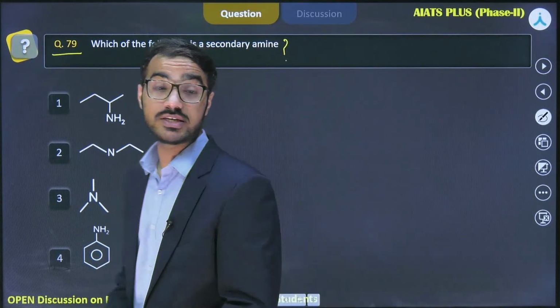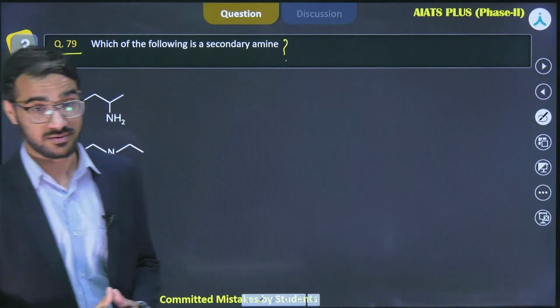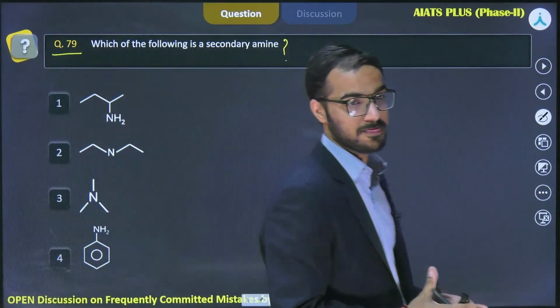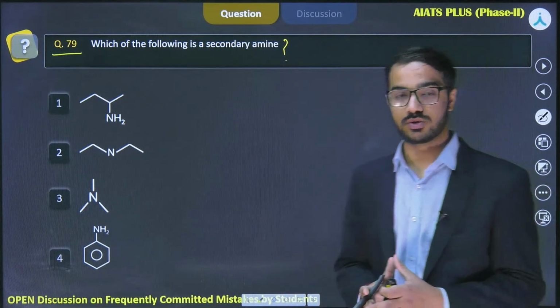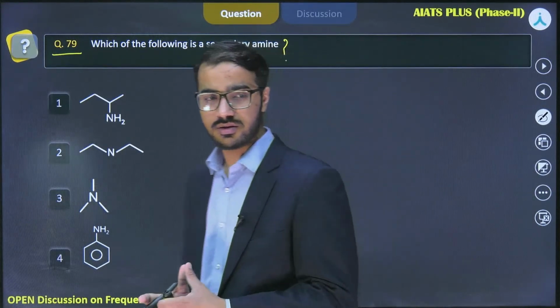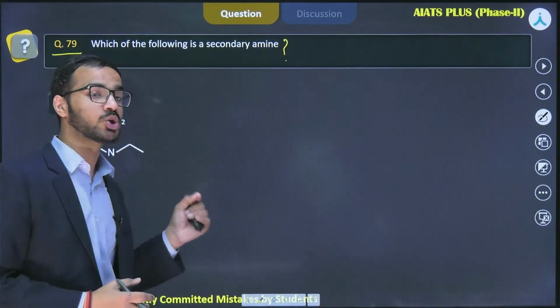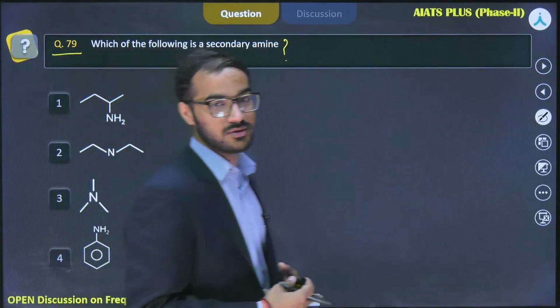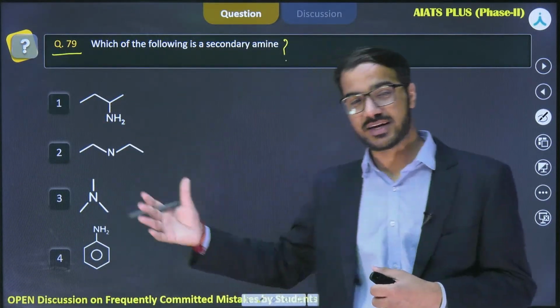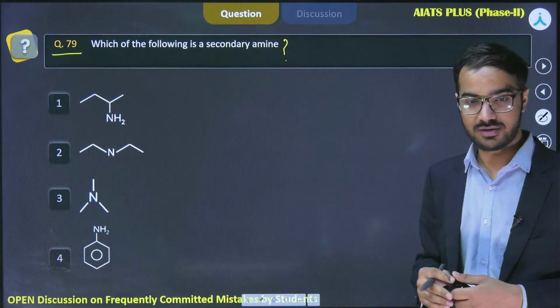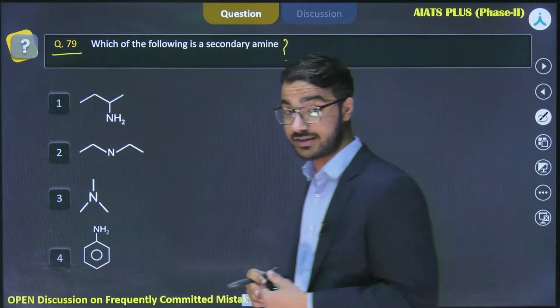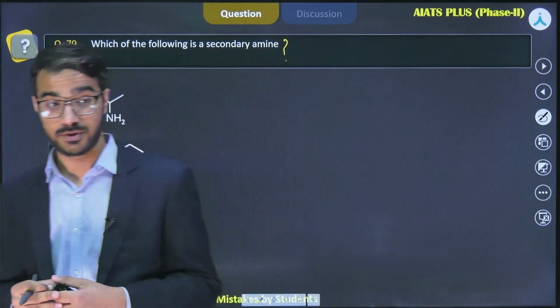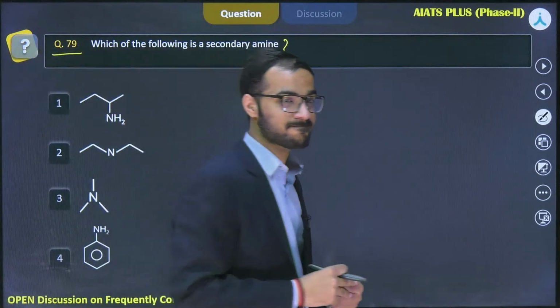Which of the following is a secondary amine? Can anyone give me the answer to this question? This is one of the simplest questions. This was discussed earlier in the GOC portion. J has given the perfectly correct answer. J, option 2, okay.